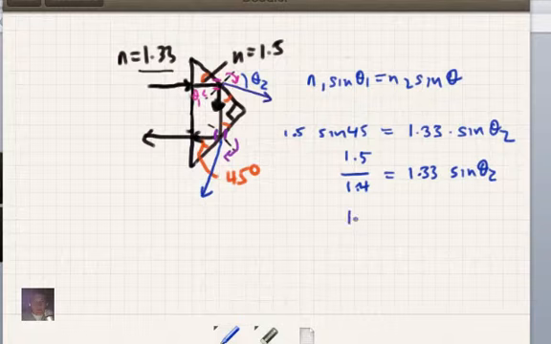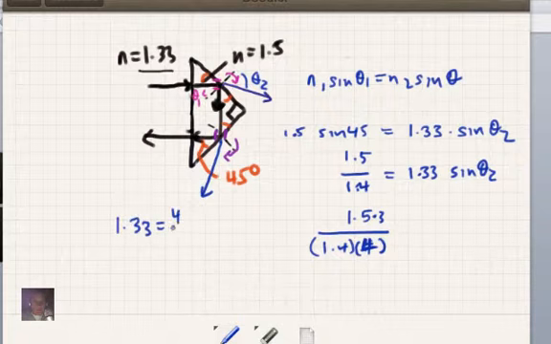Bring this over, 1.5 over 1.4 times 1. I'm going to call this 4/3. I'm going to put 4 on the bottom, 3 on the top. So what I'm doing is 1.33 is equal to 4/3, and turning that into a fraction.